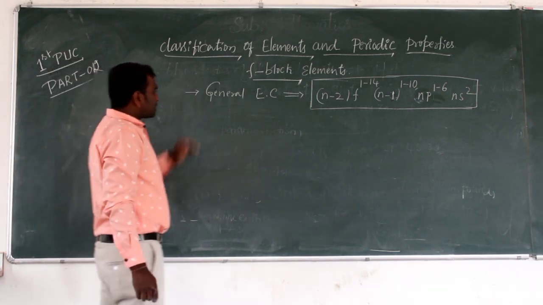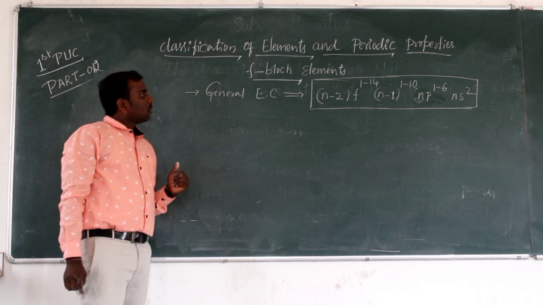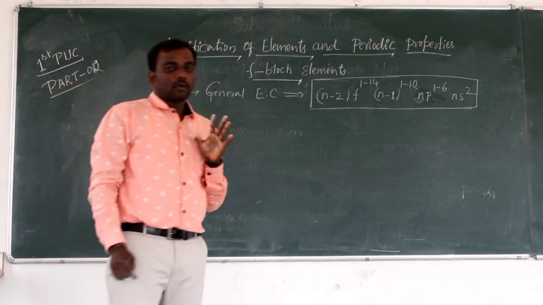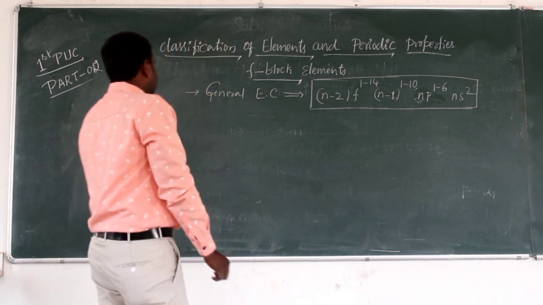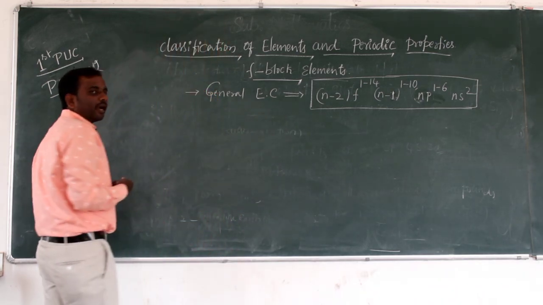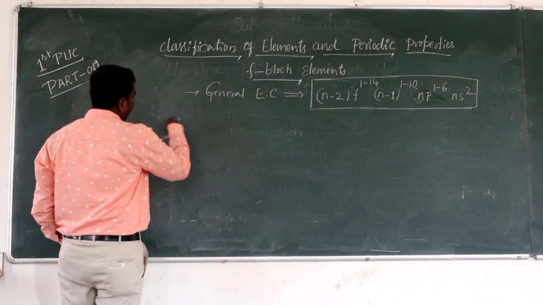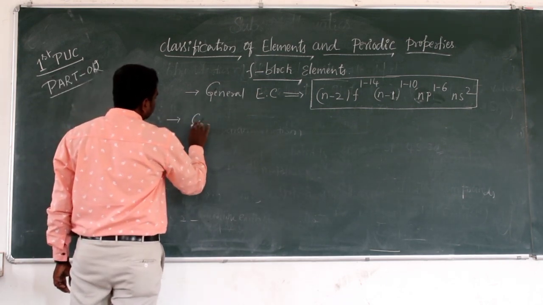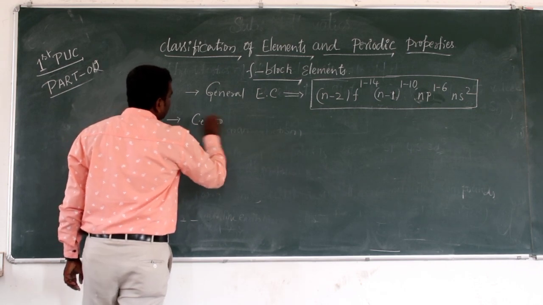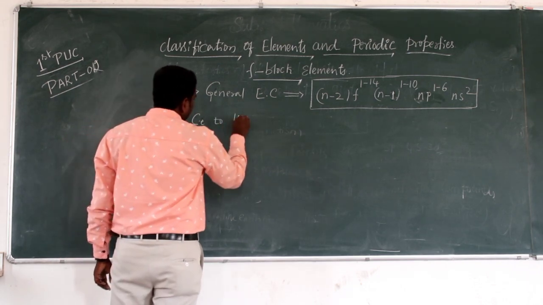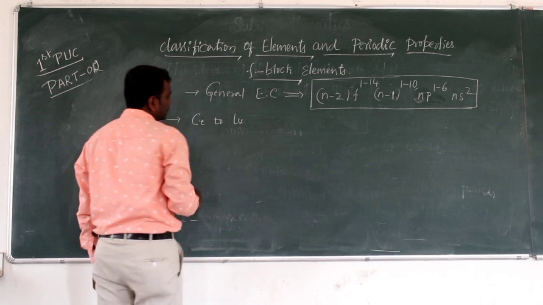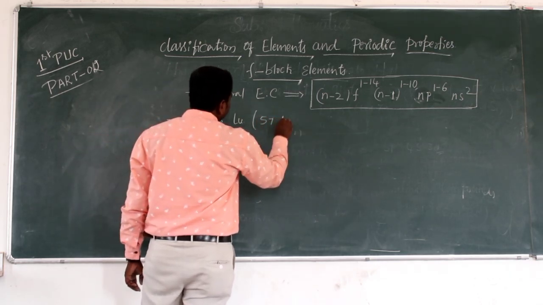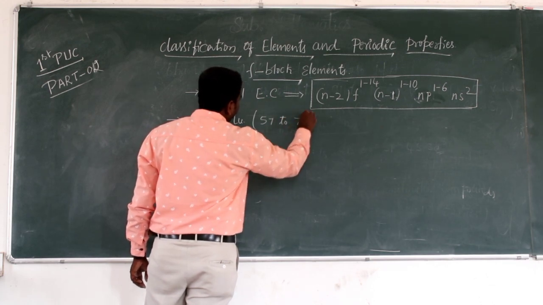These F block elements can further be classified into two important groups. The first one is the elements from cerium to lutetium, atomic number 58 to 71.